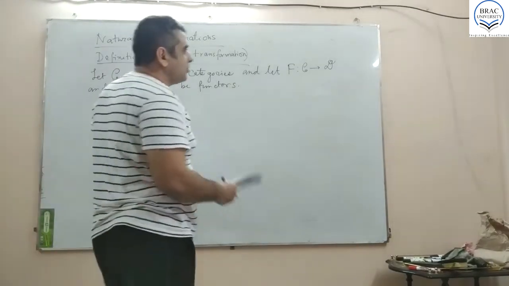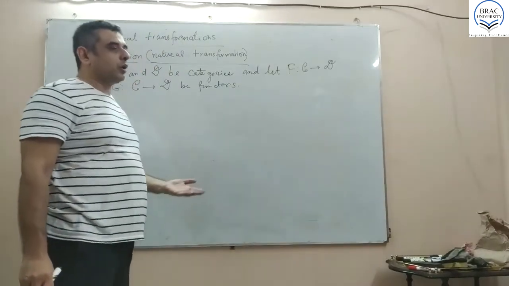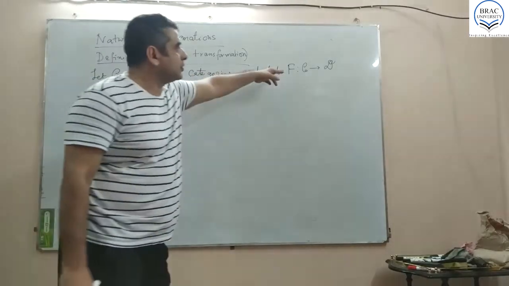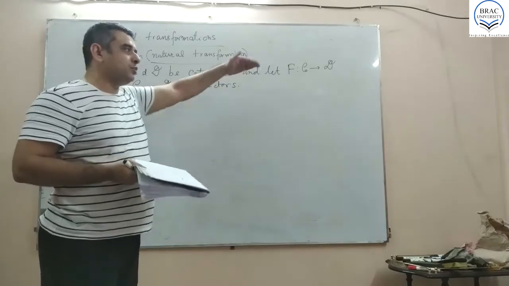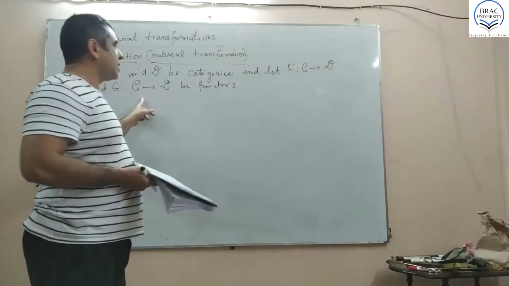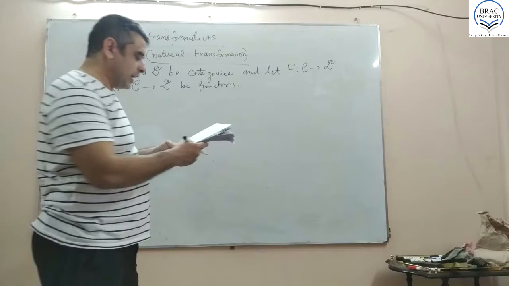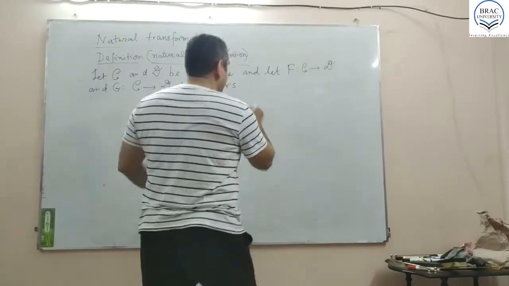Now, there is a transformation, or what we call a natural transformation between these two functors. So, a sort of a map from one functor to another functor, from F to G, that we are calling a natural transformation.